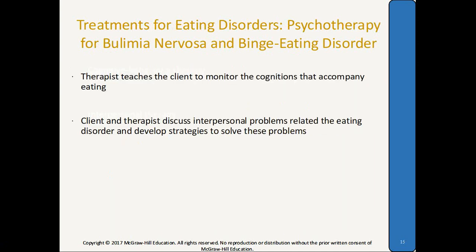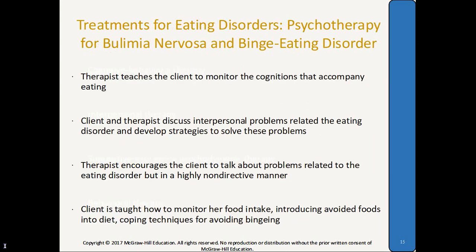There are also a few additional treatments that are available for individuals with bulimia nervosa and binge eating disorder. You can see at first the cognitive behavioral therapies and the family or interpersonal therapies are just as popular with these two particular eating disorders as with anorexia. You'll also see an additional behavior therapy component here where the client is taught how to monitor her food intake, introduce avoided foods into the diet, and use coping techniques for avoiding binging.